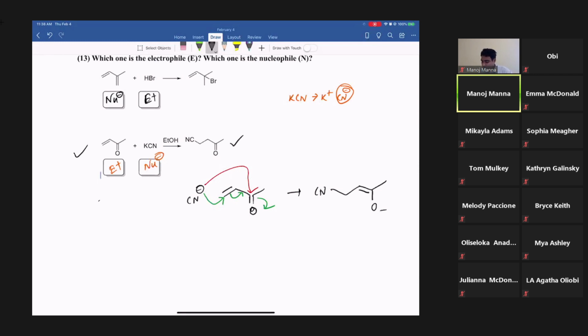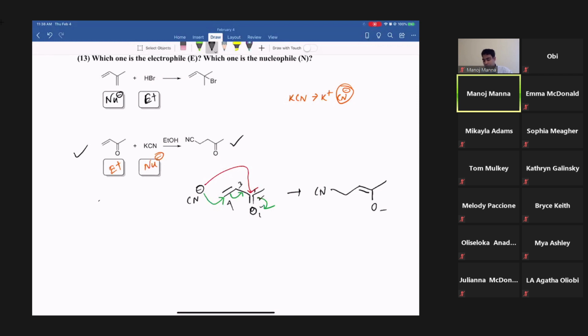What I want to mention is that you can have 1,2 addition or 1,4 addition. This is a kind of nucleophilic addition to a carbonyl compound.